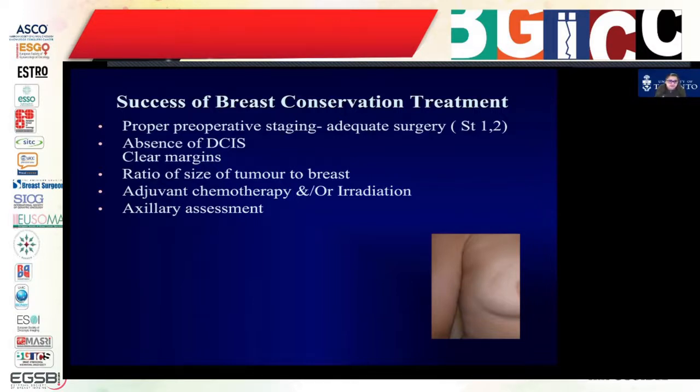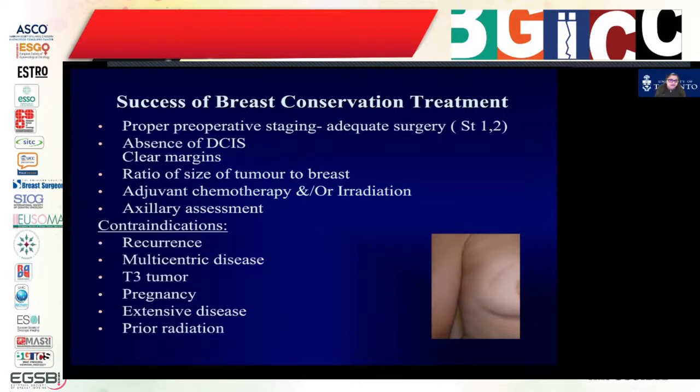So you need to assess the size of the tumor and the size of the breast to match it up. We also need to look at whether the patient needs adjuvant chemotherapy or radiation, because this also helps reduce the long-term recurrence rates and local recurrence rates. So there are many different aspects which help breast conservation treatment to be more successful, and of course, axillary assessment.